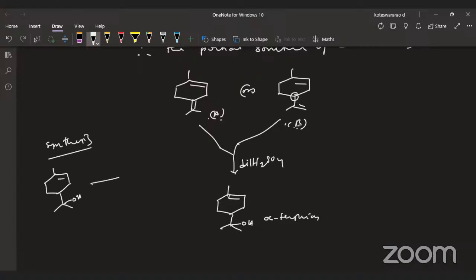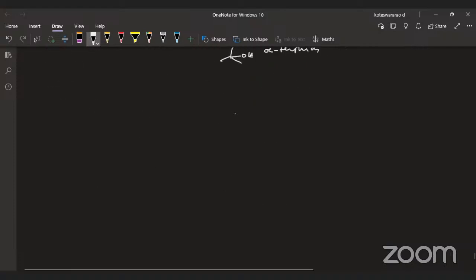Then it is subjected to dehydration by simply treating with concentrated H2SO4, which is a controlled dehydration, and leads to the formation of this product. This is the product. By simply comparing the two structures, the synthesized one and the isolated one, we confirm the structure of limonene. Okay, tomorrow we are going to discuss the structure of camphor.